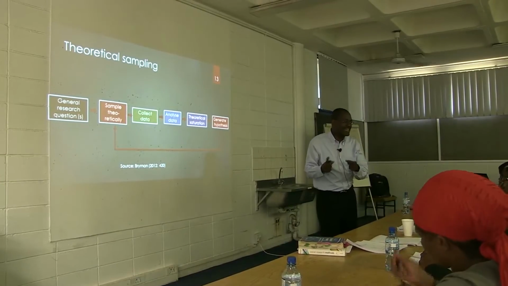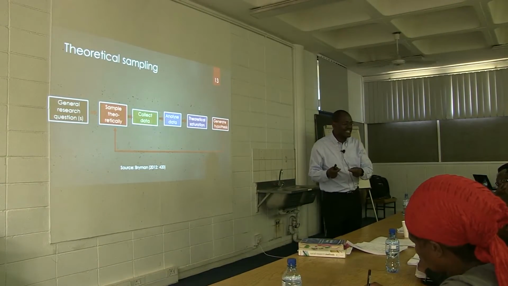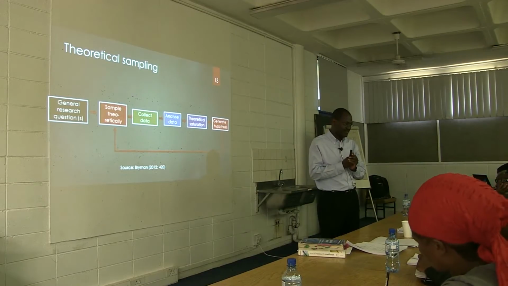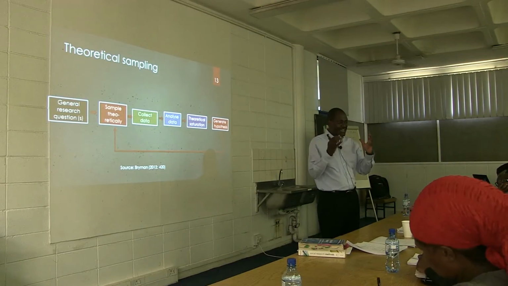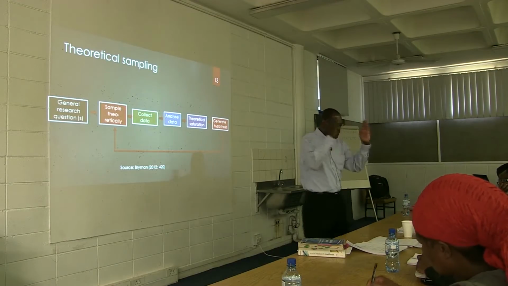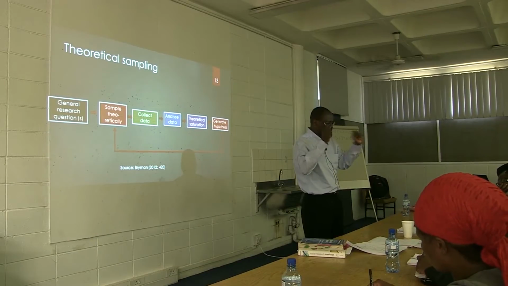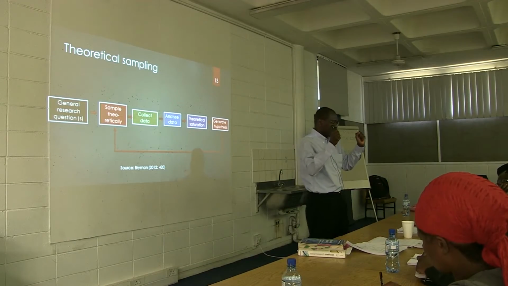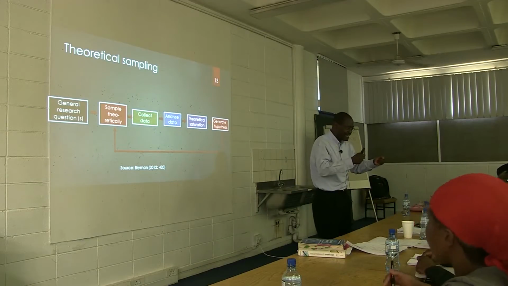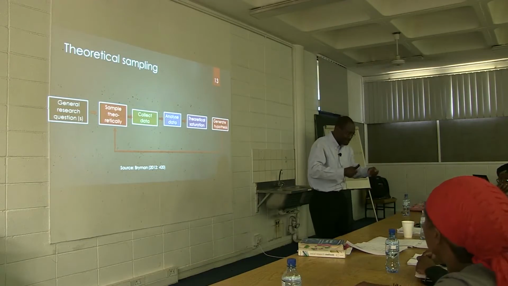What makes it a science? What makes it a science is the way we construct the whole entire research process. So when we think about sampling theoretically, it's the thought process where you talk about your research questions, where you think about your research methods of how you do the sampling, and we've already agreed that it's purposive sampling.